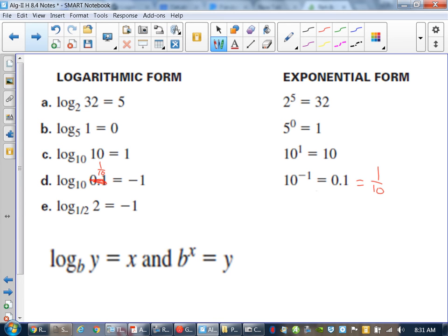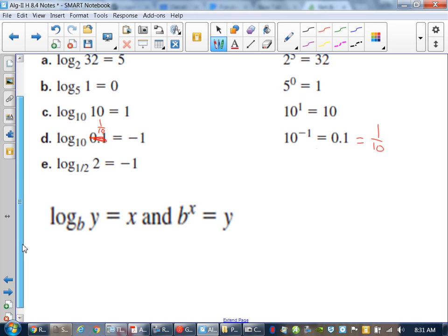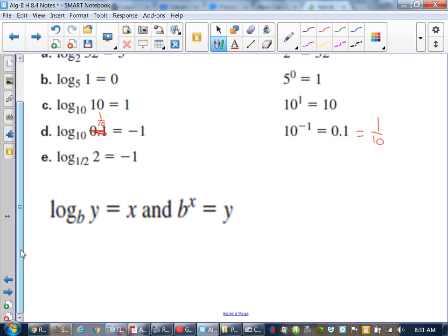Negative exponent. Do you multiply it first and then flip it? What do you mean? Like if you have 2 to the negative third, it's 2 to the third power, 8.